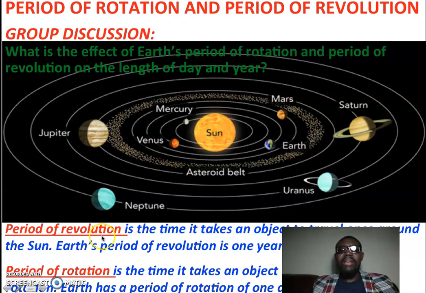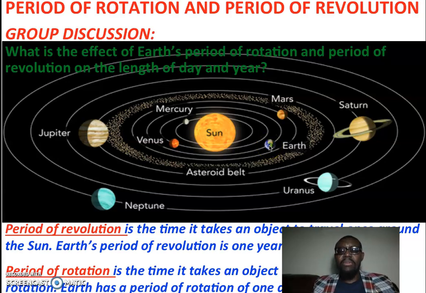And every year, the Earth completes one revolution around the sun. That's what determines the length of year. So revolution is about how long it takes the Earth to orbit the sun. Rotation is how long it takes the Earth to spin on its axis.